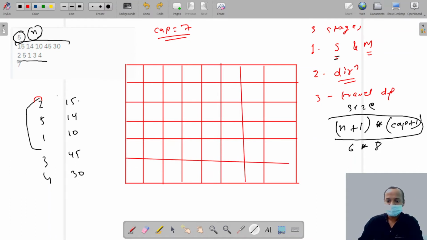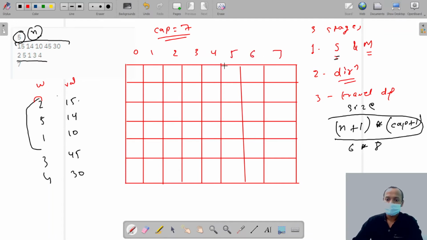So this is our item, this is the weight, and this is the value. Now here 0, 1, 2, 3, 4, 5, 6, and 7. Here is the size of the columns. Now this is the capacity.